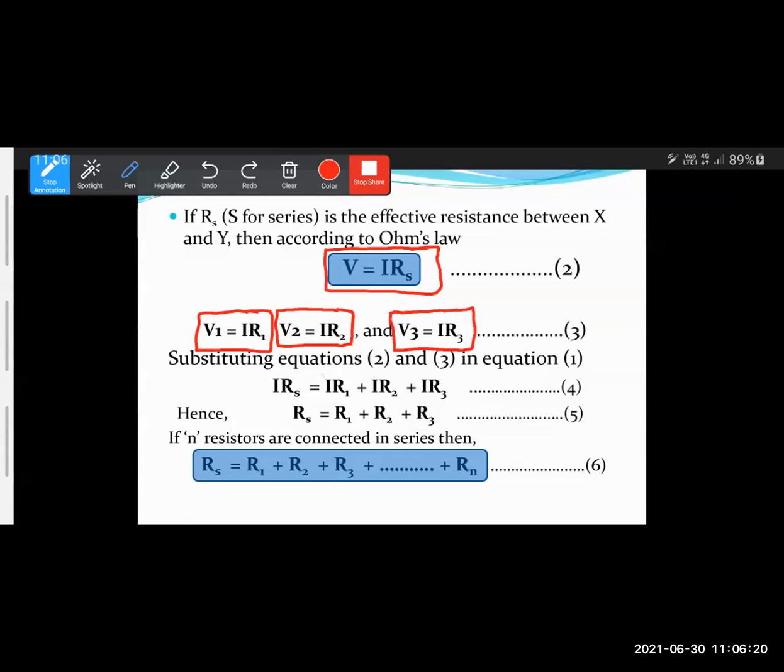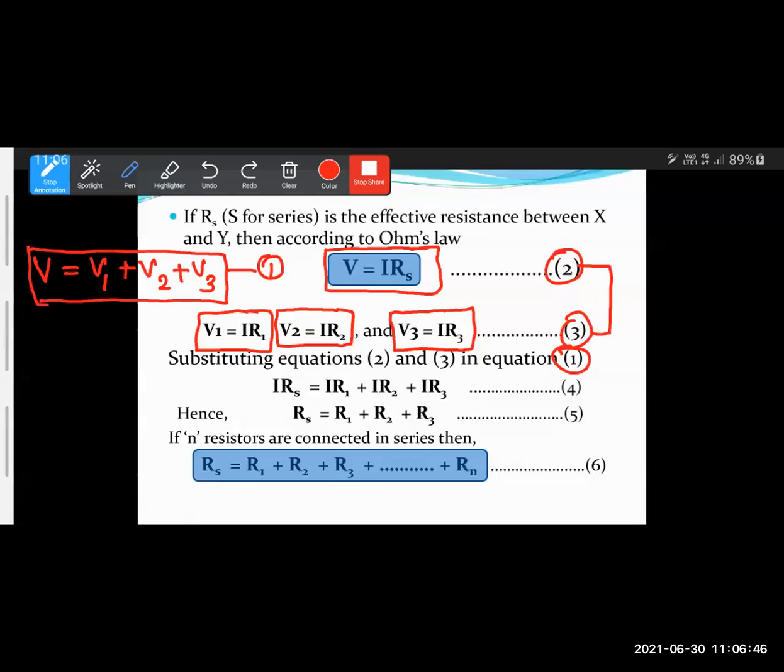As you can see, substituting equations 2 and 3 in equation 1. Now, what was our equation 1 from the previous page? Equation 1 was V equals V1 plus V2 plus V3. So the values of equations 2 and 3, we are substituting in this equation from the previous slide. So what do we get? V equals IRS, so IRS equals IR1 plus IR2 plus IR3.